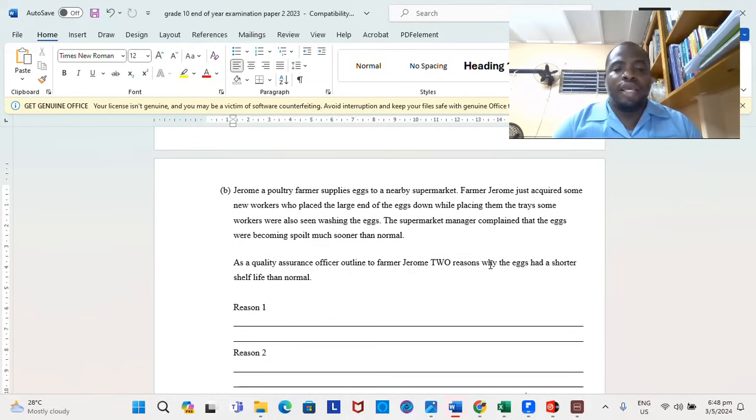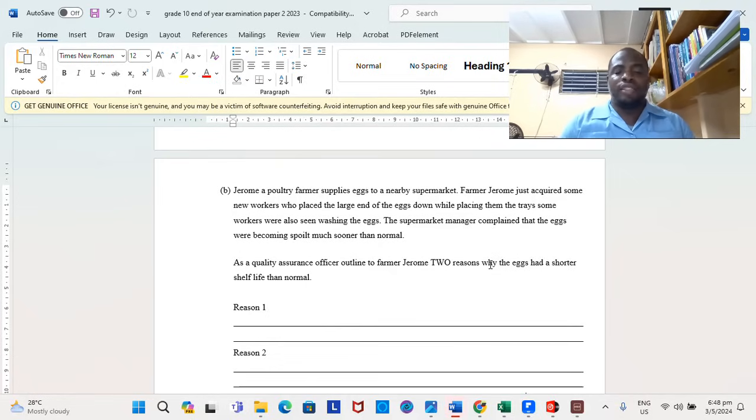The next thing is the fact that some of these new workers apparently are not aware that they should not be washing the eggs. They should be wiping the eggs for the most part, if it has debris or some form of foreign material on it, because of presentation, we want them to be in the supermarket. Nobody wants to purchase eggs with some amount of litter, because they're coming from the poultry house.